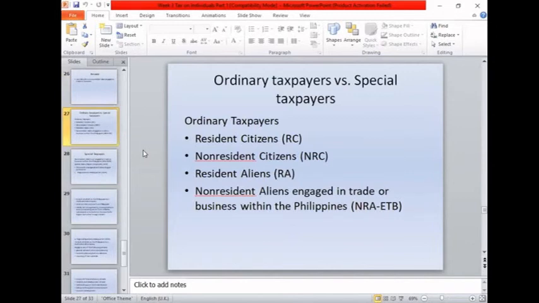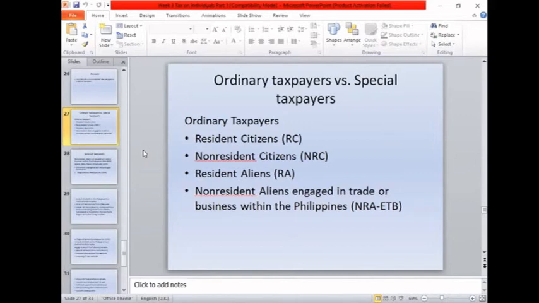Okay, so let us discuss now the ordinary taxpayers and special taxpayers. Because from the classification of taxpayers, we also have to categorize who are the ordinary taxpayers and who are the special taxpayers. Okay? The ordinary taxpayers are those taxpayers who are a resident citizen, a non-resident citizen, resident alien, and also the non-resident aliens engaged in trade or business in the Philippines.